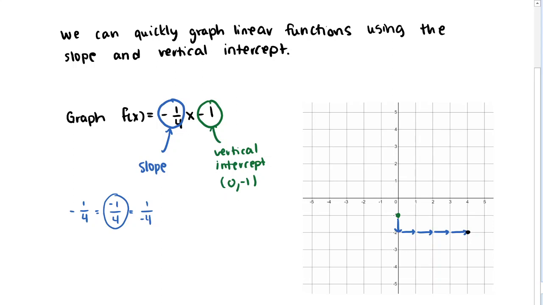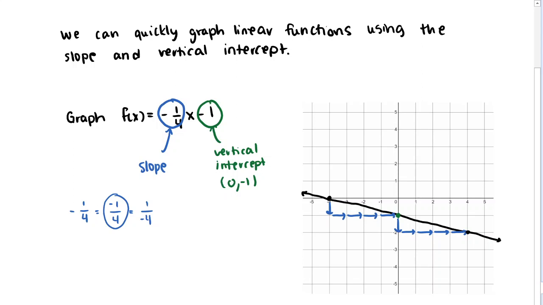And similarly, this point here is also on the graph of our equation, because if I go down 1 and to the right 4 units, if I follow our slope, I land on a point on our graph. And so here we can see that the line that we really want to graph is this one here that goes through our 3 points. So that's a brief refresher of how we can graph a linear function.